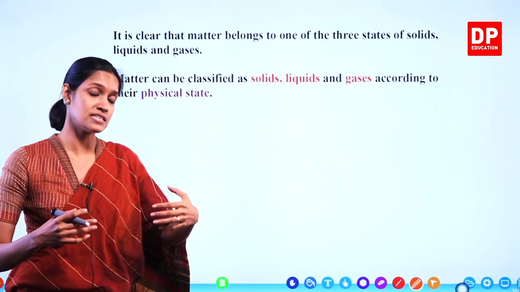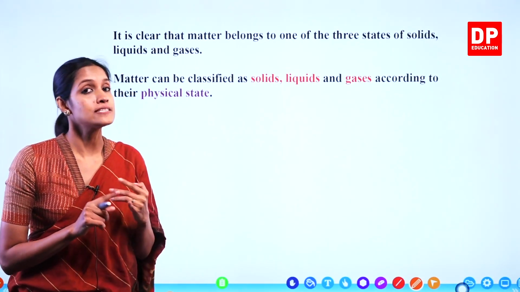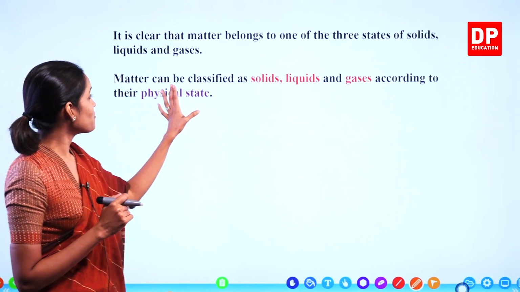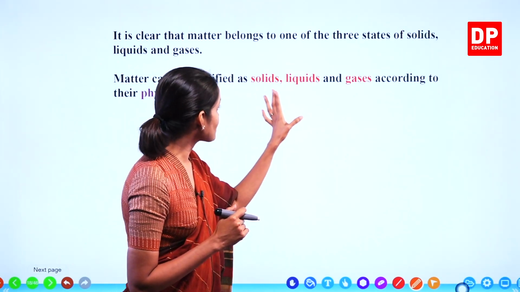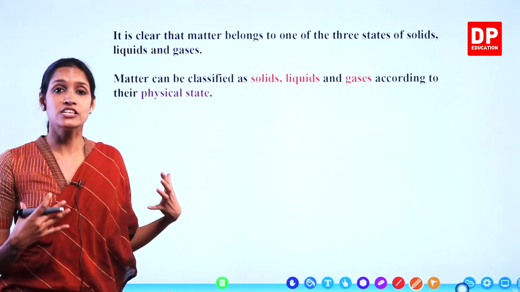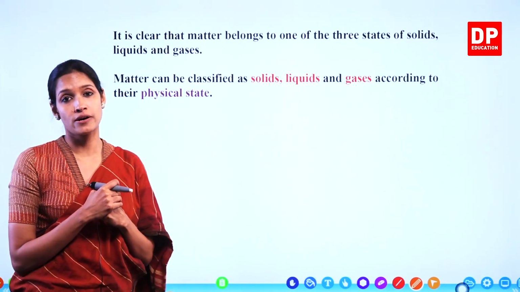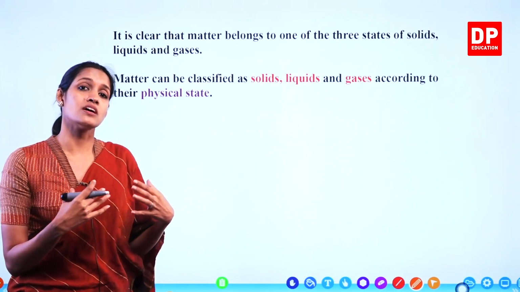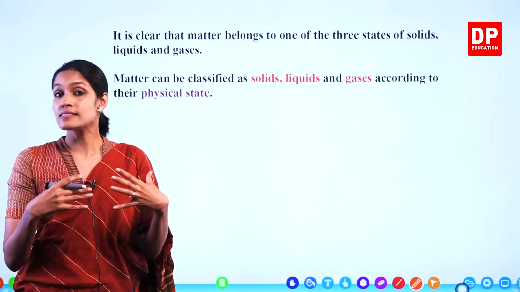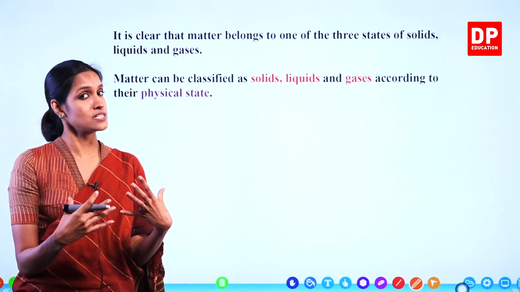We learn about three states of matter as solids, liquids and gases. Understand? So matter can be classified as solids, liquids and gases according to their physical state or physical nature, how they present in the environment. Some of the matter present as solids in the environment, some present as liquids and some present as gases.